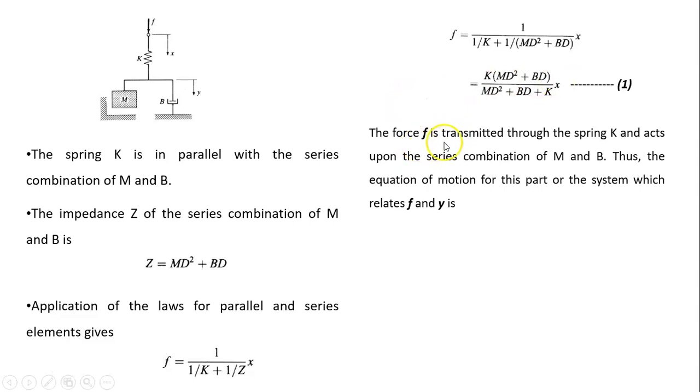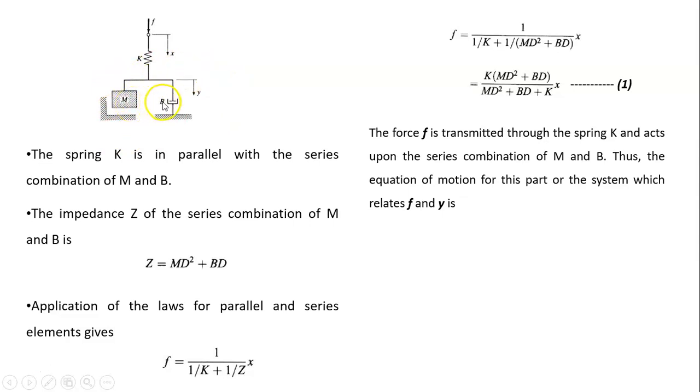Now the force F is transmitted through the spring and acts upon the series combination of mass m and damper B. Thus the equation of motion for this part of the system which relates F and Y is, now we have to write down the equation at the y coordinate. Now at the y coordinate which two elements are there?